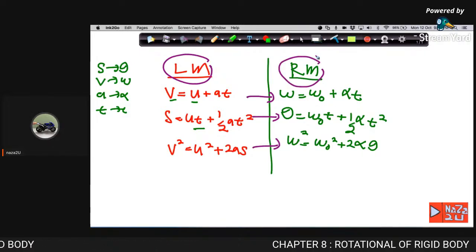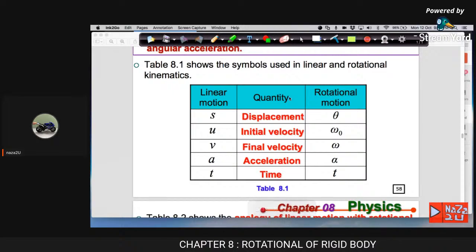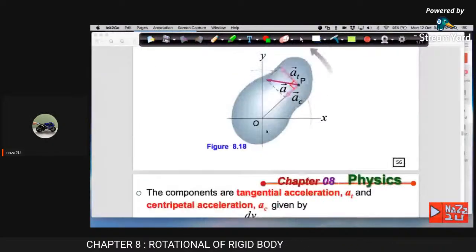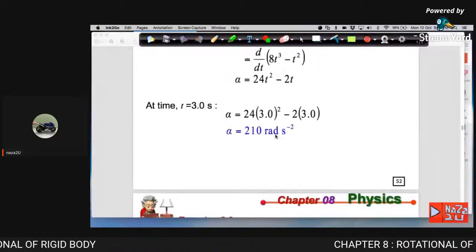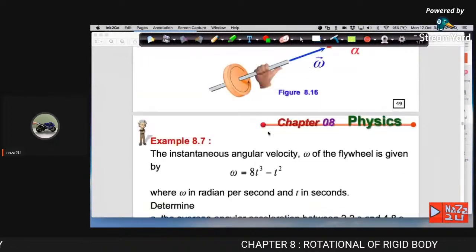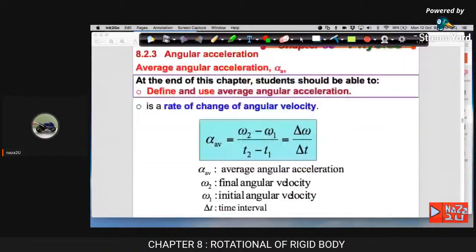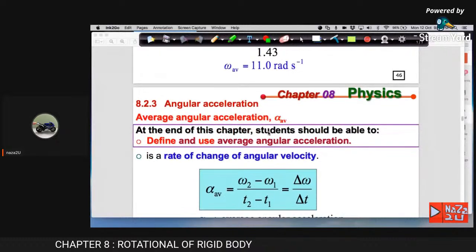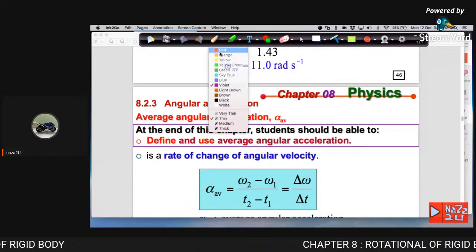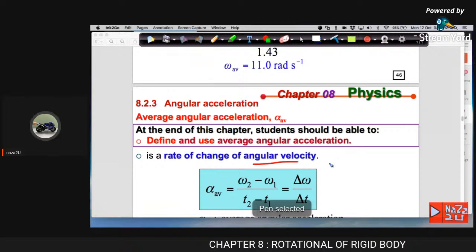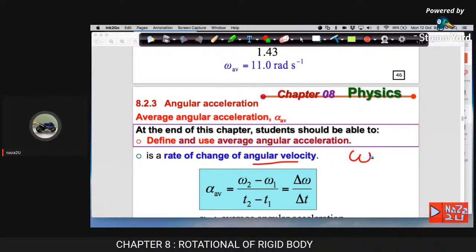Right? Kalau kamu tengok dalam nota ni banyak dia bagi contoh, kamu boleh tengok sendiri. Bila kita bincang soalan, dia sama seperti bila kita bincang rotational motion. Dia ada angular velocity omega.